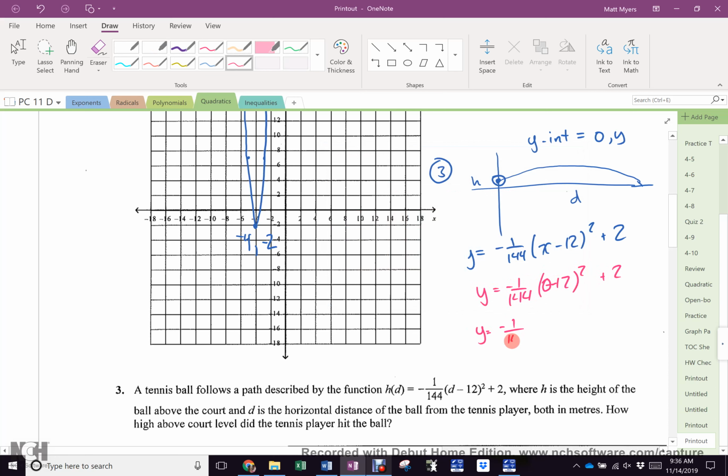Negative 1 over 144 times 144 plus 2. Cancel, cancel. Y equals negative 1 plus 2. Y equals 1. That is 1 meter above the ground.